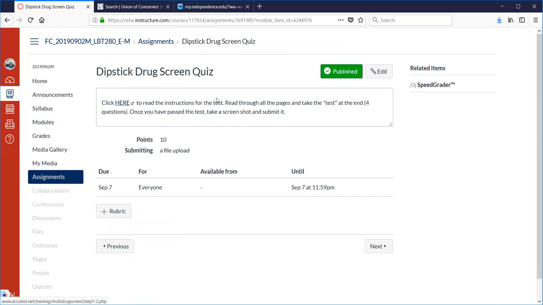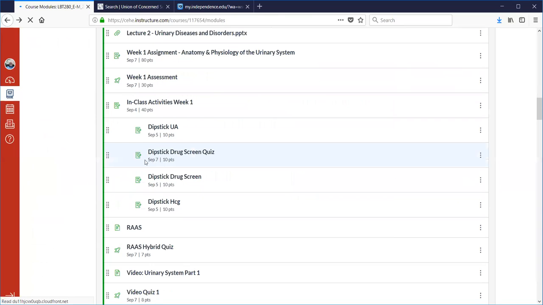You're going to click here to read instructions for the test. This will take you to accutest.net, and then read through and take the test at the end. Take a screenshot of that and submit it for credit on this particular quiz.